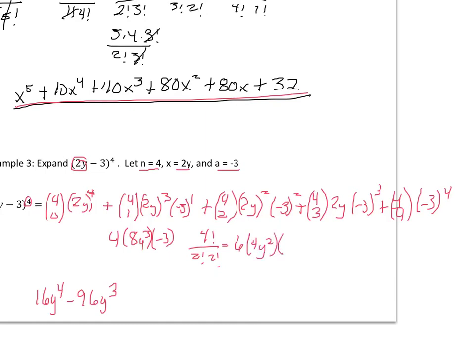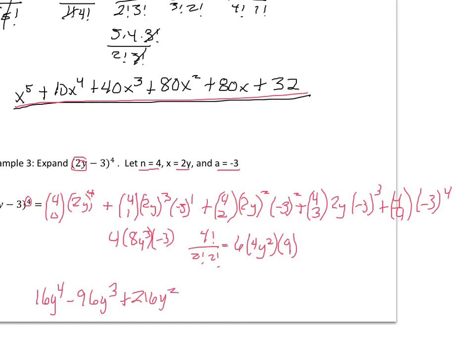And then negative 3 squared is 9. 6 times 4 is 24. 24 times 9, somebody help me out. 240 minus 24 is 216, right? So we get plus 216y squared.